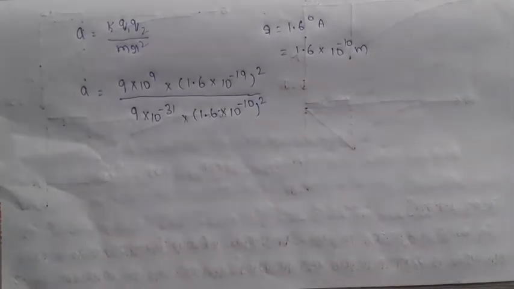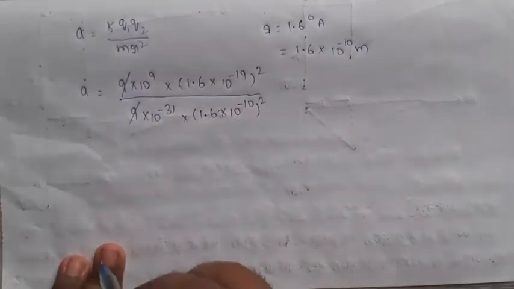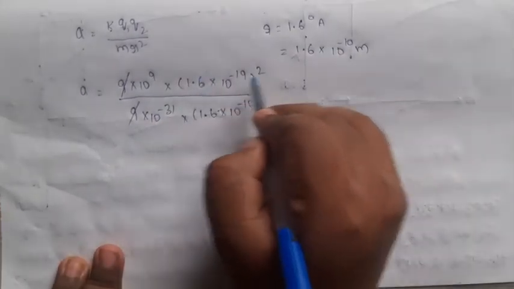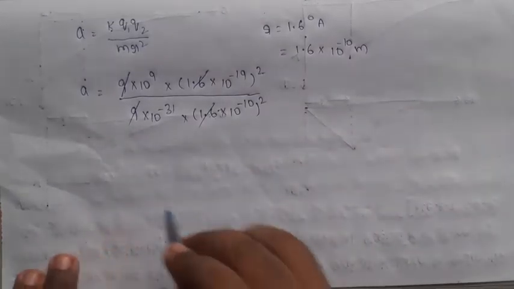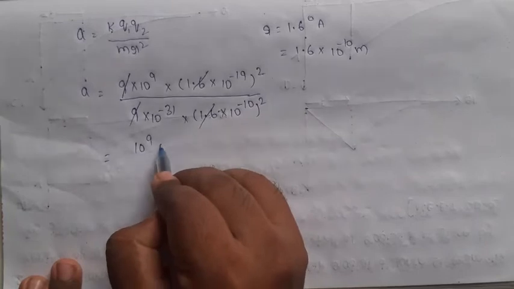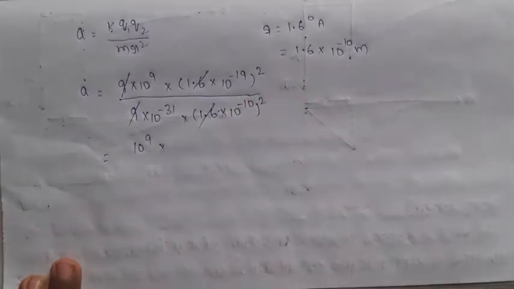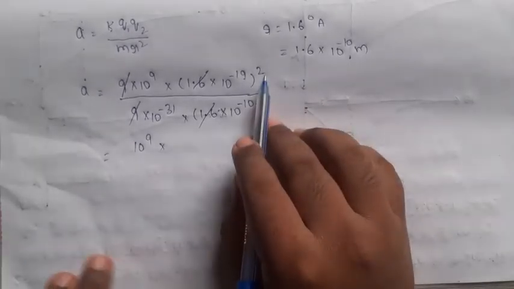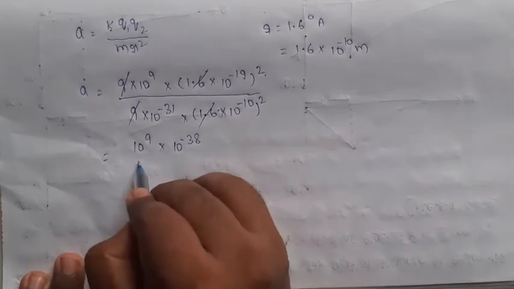Now see here, many terms get cancelled. Here 9 also gets cancelled. 1.6 whole square, 1.6 whole square, both get cancelled. What about the remaining terms? 10 power 9 into 10 power minus 19 whole square. 19 twos are 38, it becomes 10 to the power of minus 38.